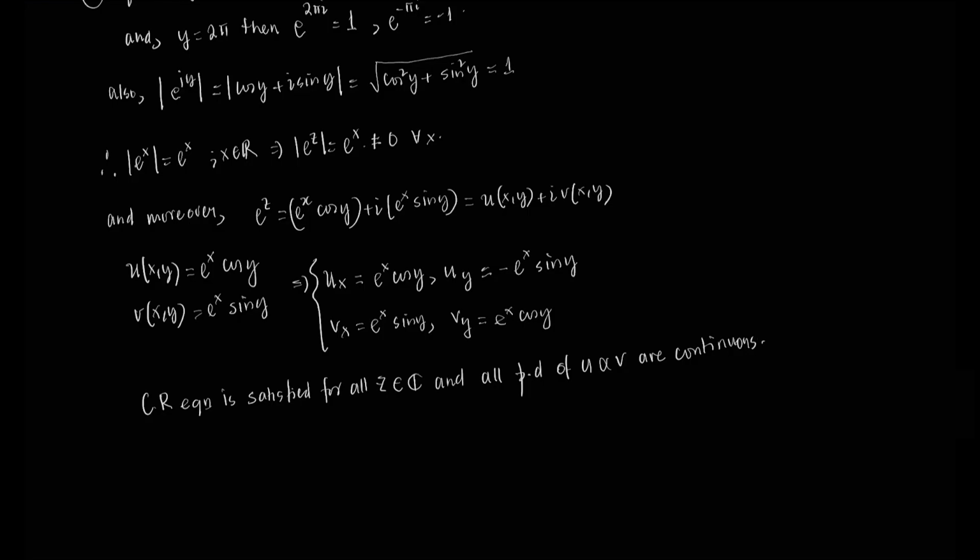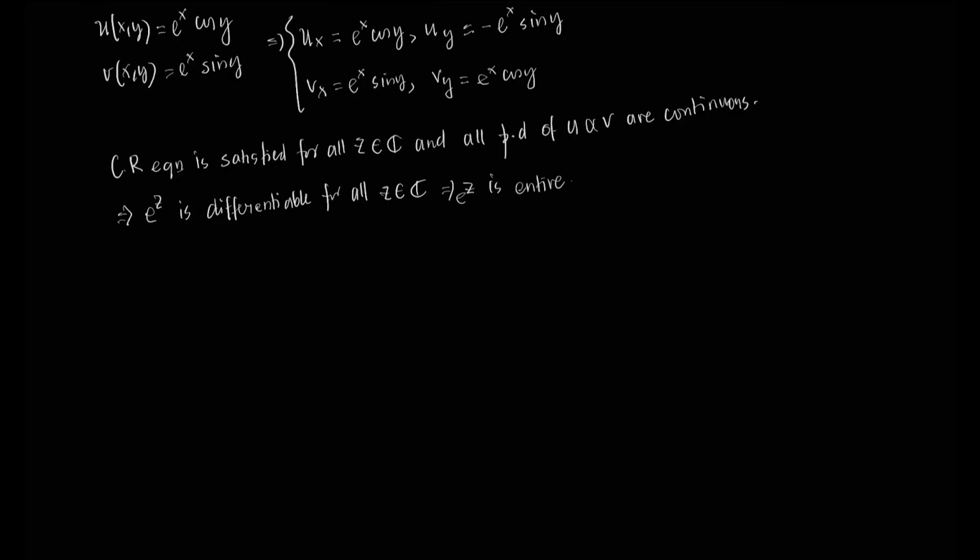So from our theorem which we did in the earlier video, we can say that the exponential function of z is differentiable for all z in C, which will imply exponential z is entire. Entire means it is differentiable for all z in C. So you get another function which is again entire.